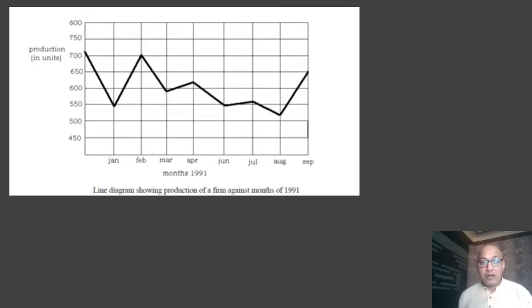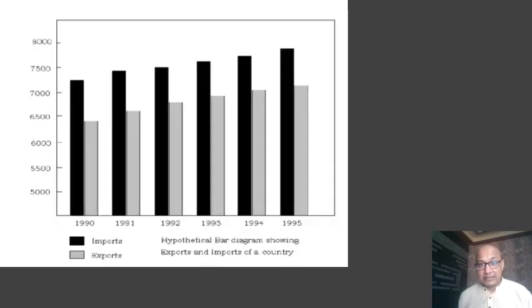Now we will discuss bar diagram in the next slide. This one is the picture of a bar diagram.